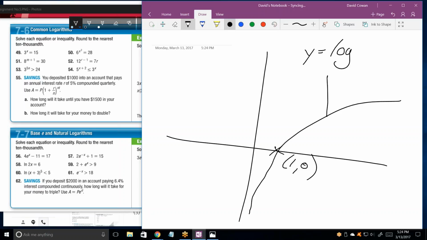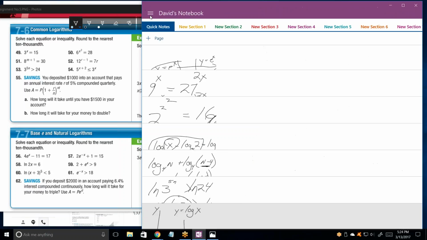I can use common log or any base log I want; they're all going to look like this. Notice that when my x is less than 1, all my y values are negative, all the way down to negative infinity. But when my x values are greater than 1, all my y values are positive. So that's key on this.